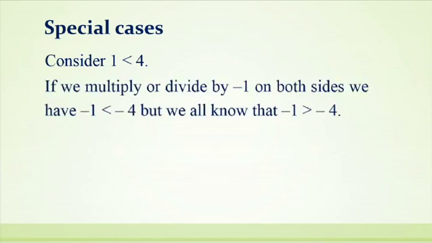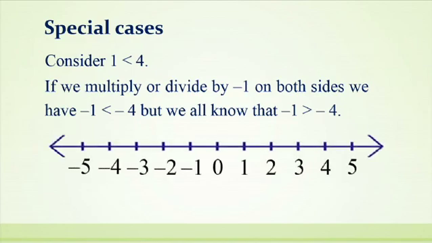We also have some special cases in inequalities, and you need to be very careful about these. So let us consider a simple example. You all know that 1 is less than 4. Now, if I multiply or divide by -1 on both sides, I will get -1 < -4.